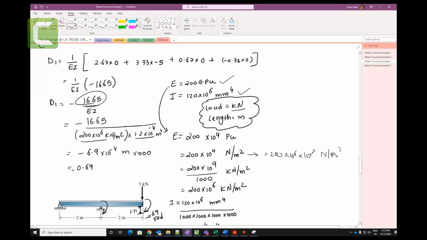Do you agree with me that I can write 10 to the power 9 as 10 to the power 6 and 10 to the power 3? And this 10 to the power 6 is mega, and Newton per millimeter square is pascal. So 200 thousands, this is your megapascals. So that is your E.